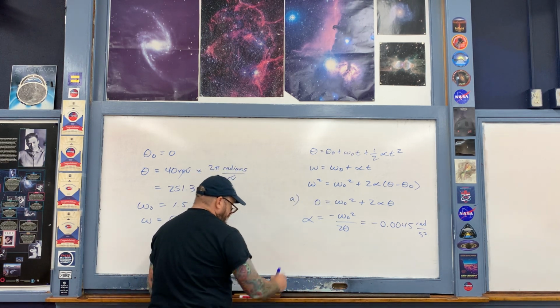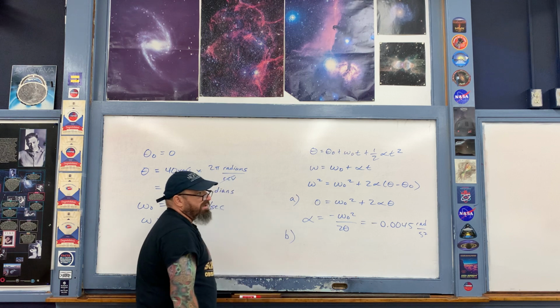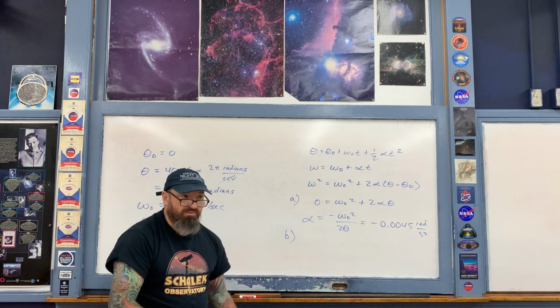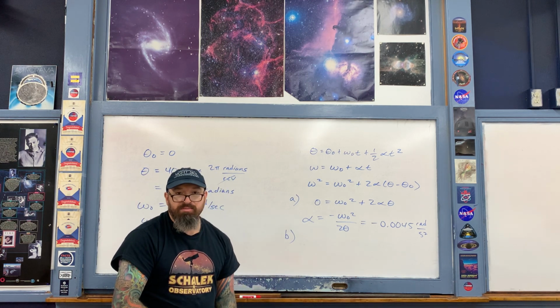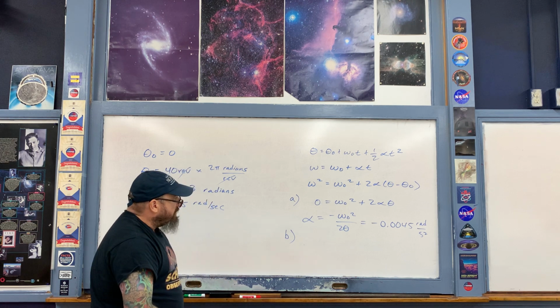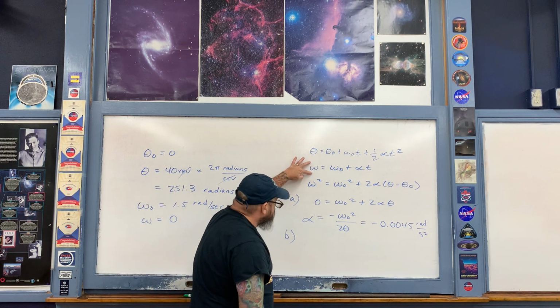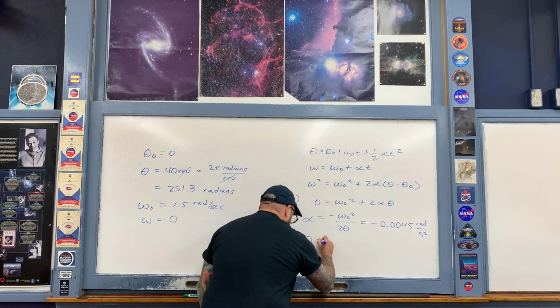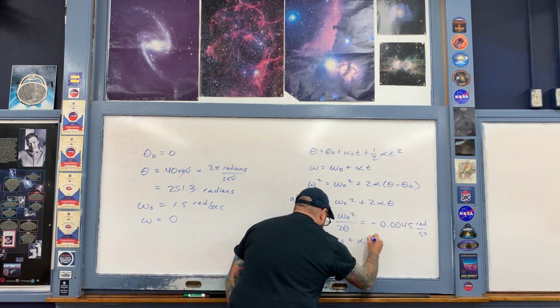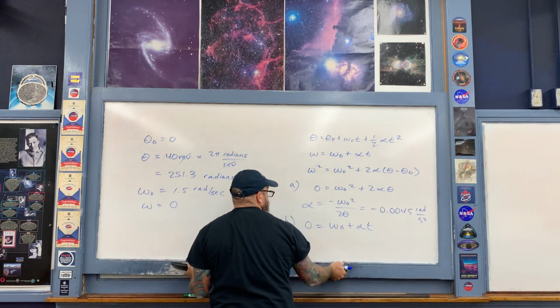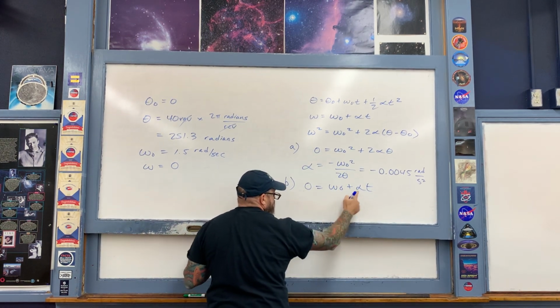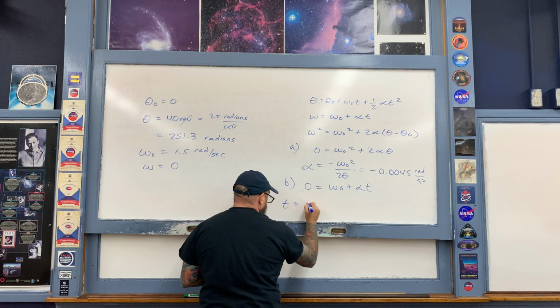So in part B of the problem, it now asks us to calculate the time necessary for this rotation to occur such that the object spins down. Okay, in order to do so, we'll just go ahead and use this expression here where the final angular velocity is 0, like so, and now just solve for the time t. So move this term to the other side and divide by alpha.